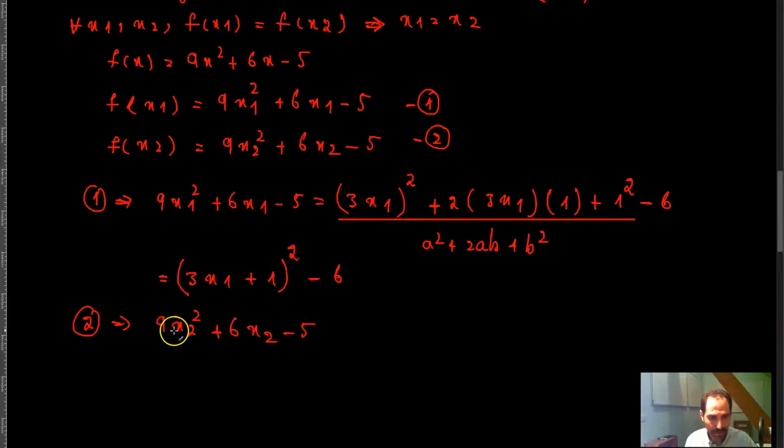As you can see, the coefficients and everything are the same, only the variables are different. So I can write this as 3x2 plus 1 whole squared, based on what we did here, minus 6.